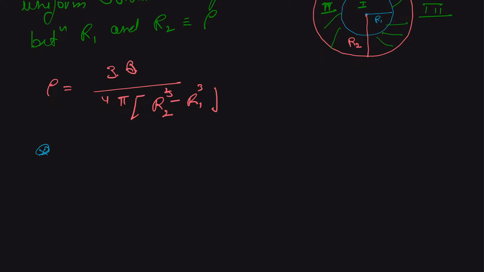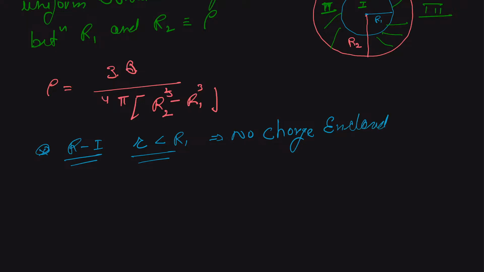So we start with region 1, and for region 1, our Gauss radius, that is r, is less than r1. And within this region, we know that there is no charge enclosed, or in simplest terms, our Q enclosed is equal to 0.